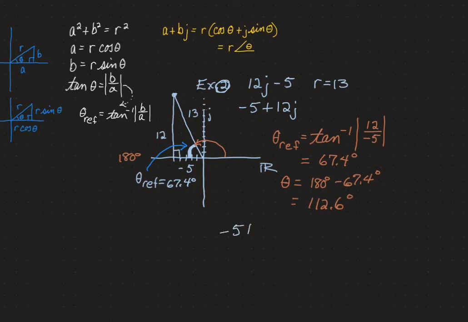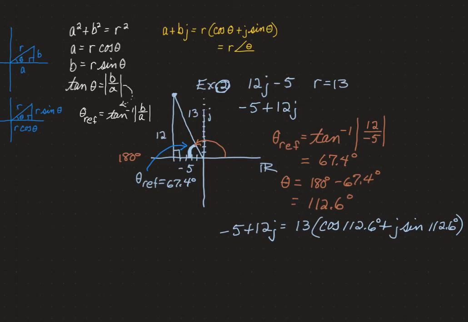Now we can do our conversion. Negative 5 plus 12j is equivalent to 13, the cosine of 112.6 degrees plus j times the sine of 112.6 degrees.